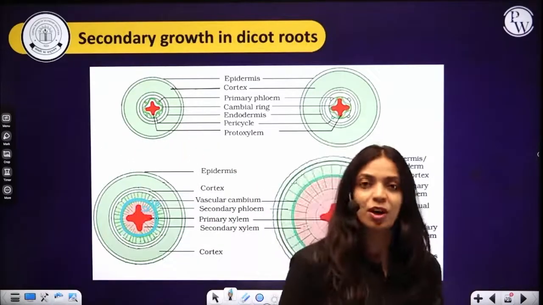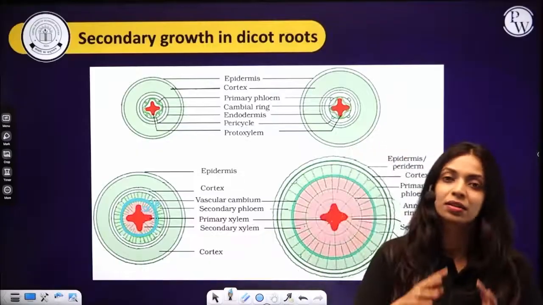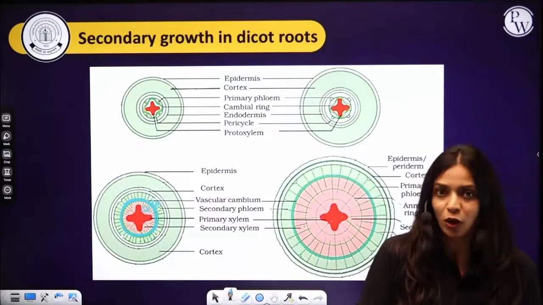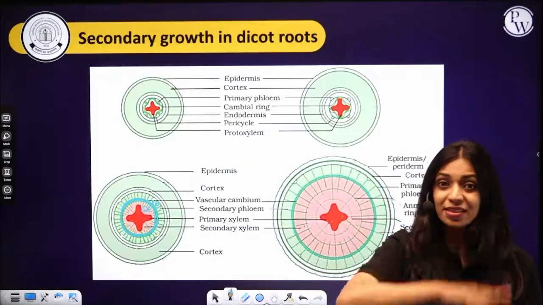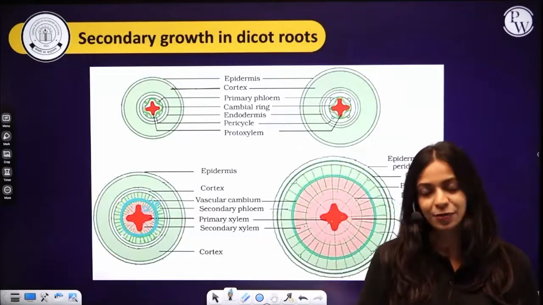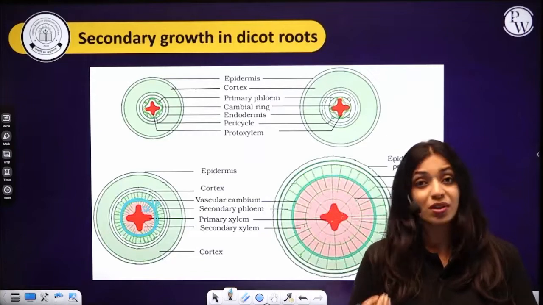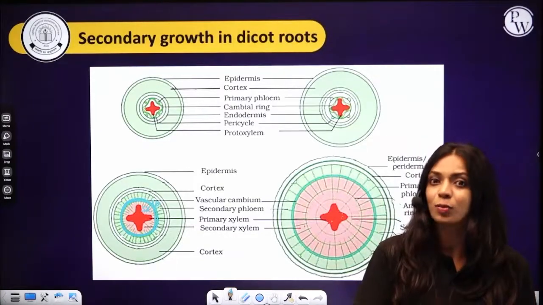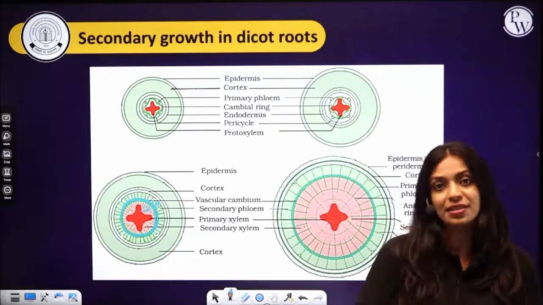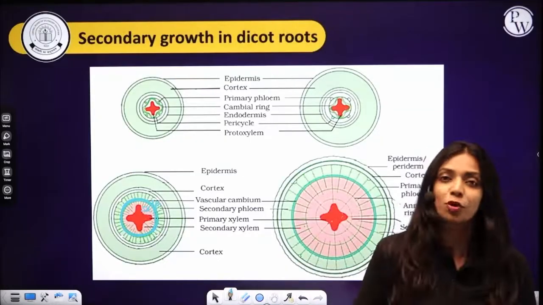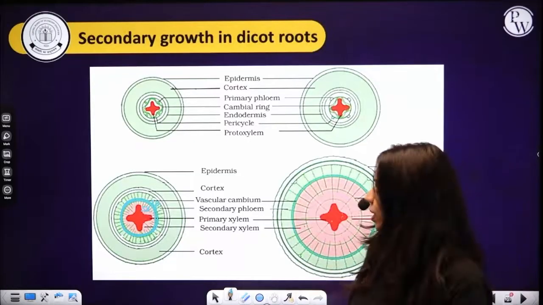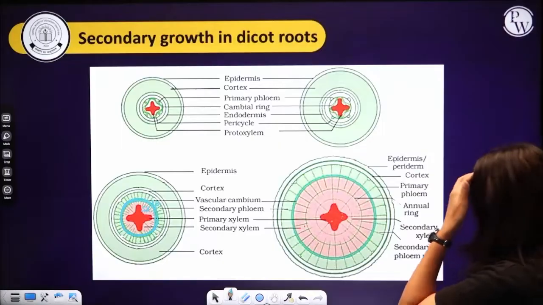So it is very similar to how secondary growth occurred in the stem of a dicot plant. Even in the root, once the cambial ring forms because of dedifferentiation, it will cut off cells inside as well as outside. Whatever cells it cuts off inside form the secondary xylem, and whatever cells it cuts off towards the outside form the secondary phloem. Okay, so that's about secondary growth in dicot roots.